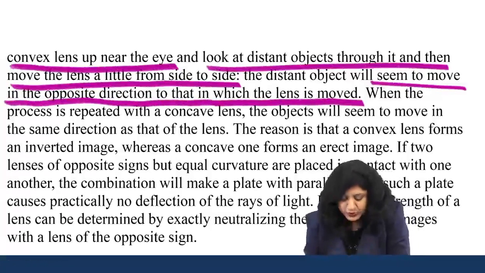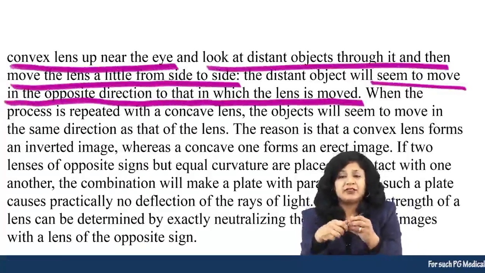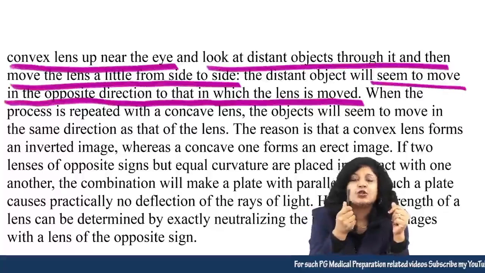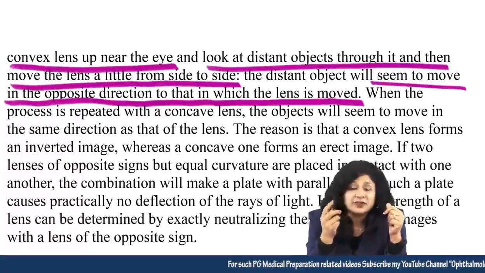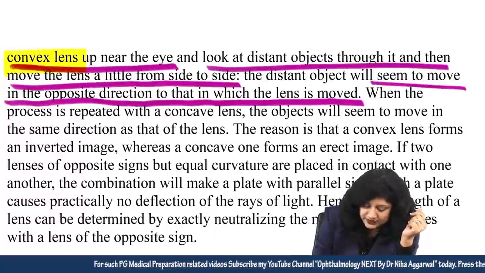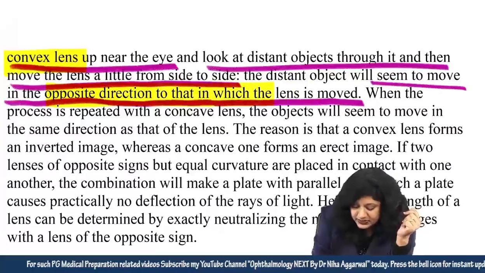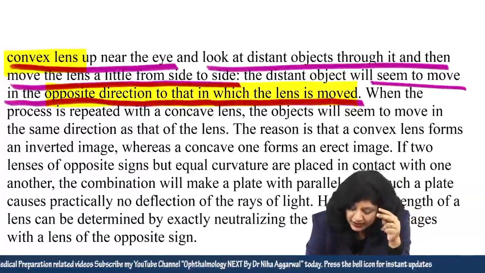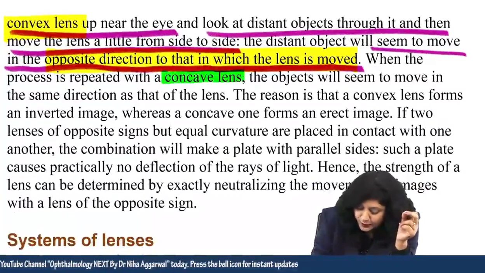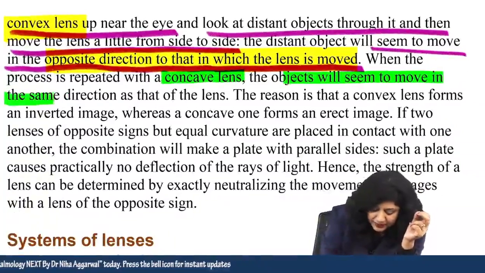So what you are doing, we are bringing the convex lens in front and moving it side by side like this. In cases of the convex lens, you will observe that the distant object is moving in the opposite direction. When the process is repeated with a concave lens, then the objects will move in the same direction as that of the lens.